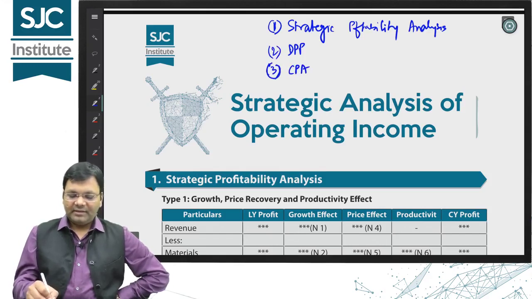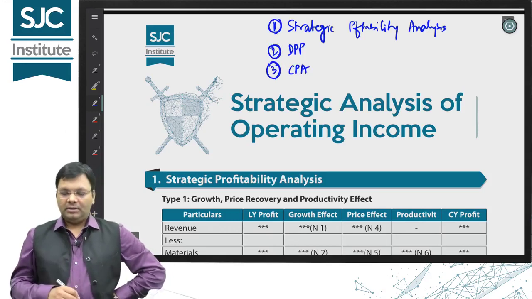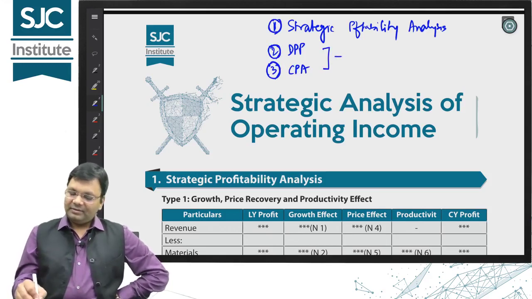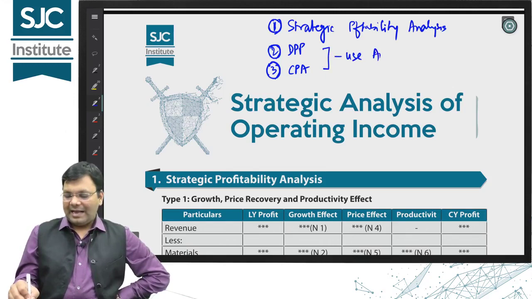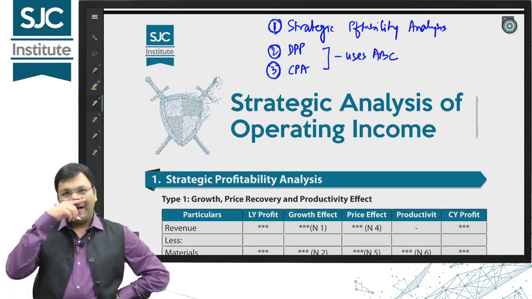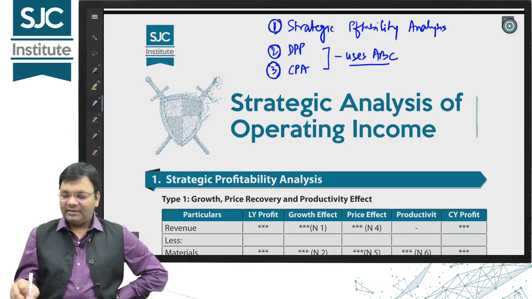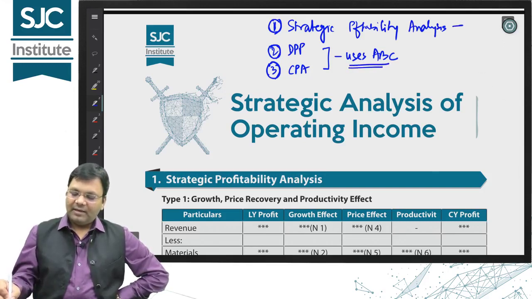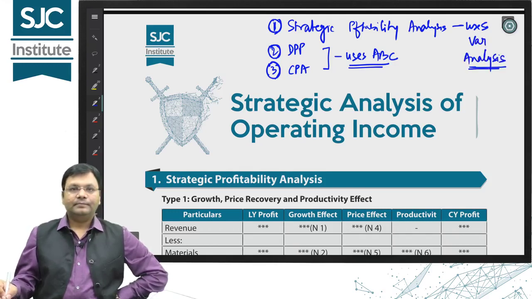This too requires use of activity based costing. If you have learnt ABC, then it is very easy to do the second and third. But this also uses a bit of variance analysis.